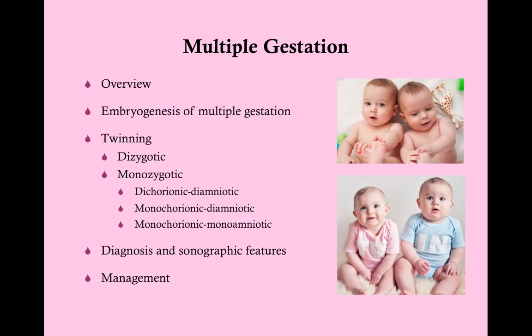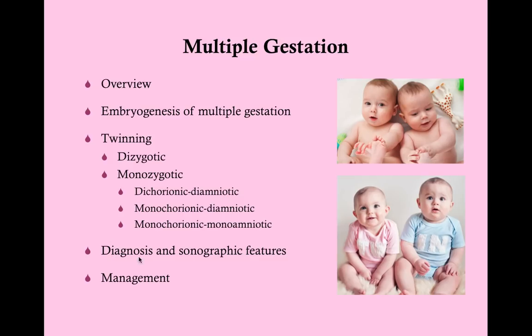So we're going to first start out with a brief overview of multiple gestation. We'll talk about the embryogenesis of how this actually happens. It can be very simple or very complex depending on what kind of twinning you actually have. We'll talk about the different types of twinning, dizygotic twinning being the most common, and then monozygotic twinning, in which we have to distinguish whether or not there's a shared chorion and whether or not there's a shared amnion or amniotic sac.